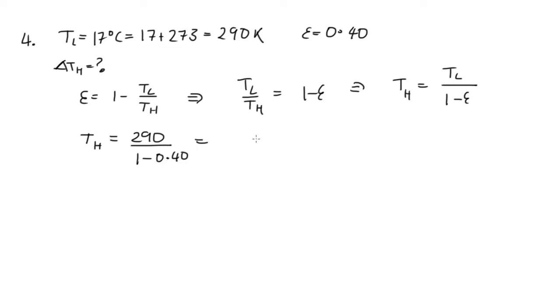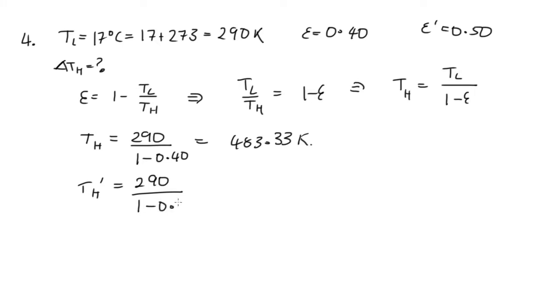Solving that, we end up with 483.33 kelvins. And TH dash, at the higher temperature where we have the efficiency of, we're told we want 50%, so epsilon dash is equal to 0.50. That's equal to 290, because we're not changing the temperature of the low temperature reservoir, over 1 minus 0.50.